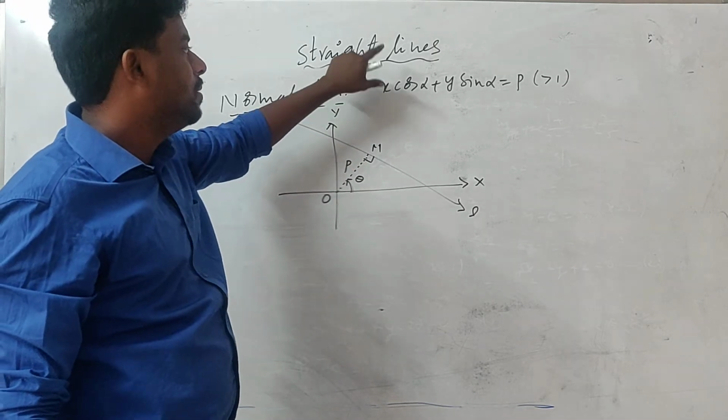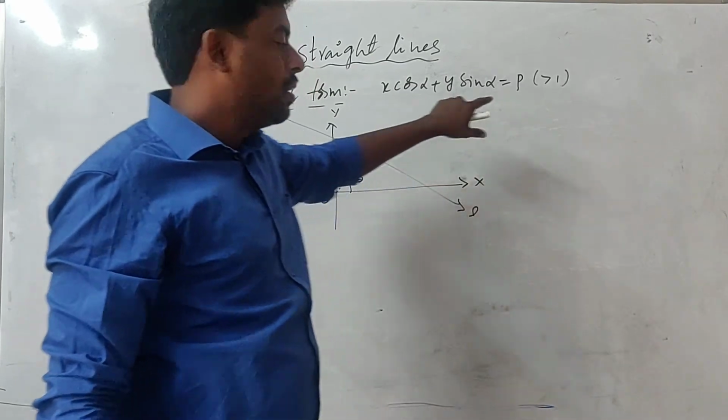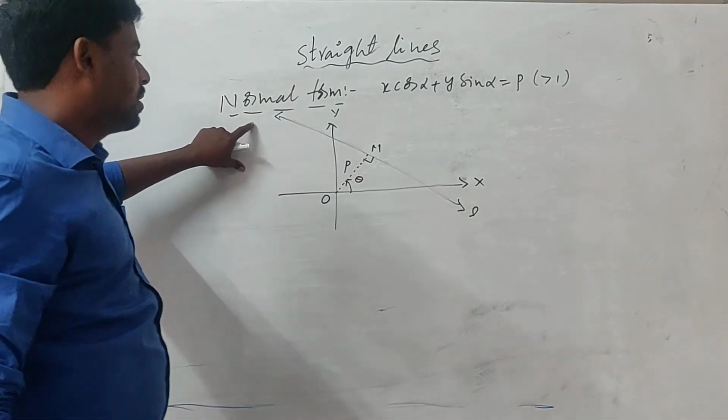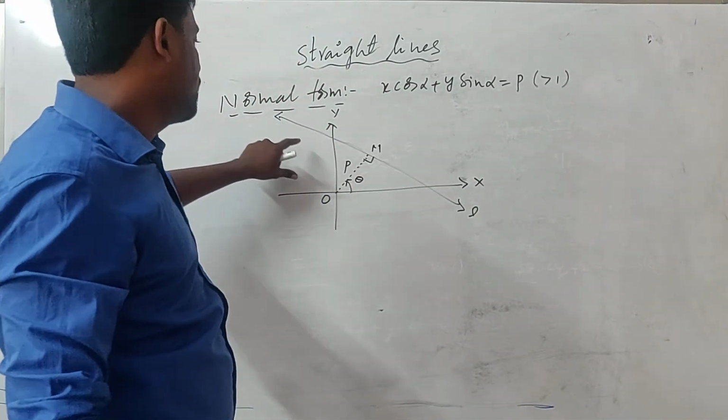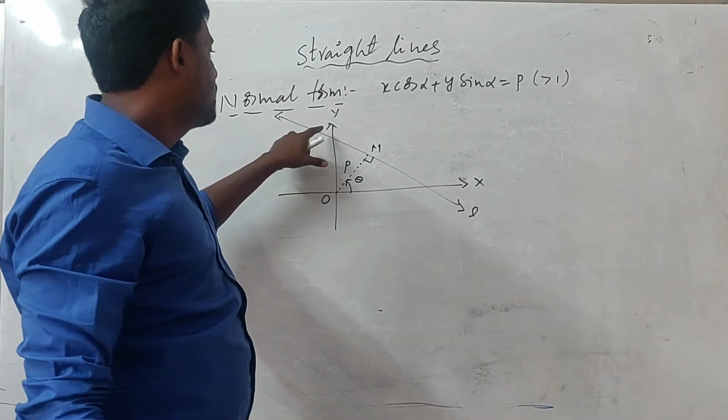Then the condition is x cos alpha plus y sin alpha equal to p, where p must be positive. This is the normal form. The derivation should also be there, but it is not required now.